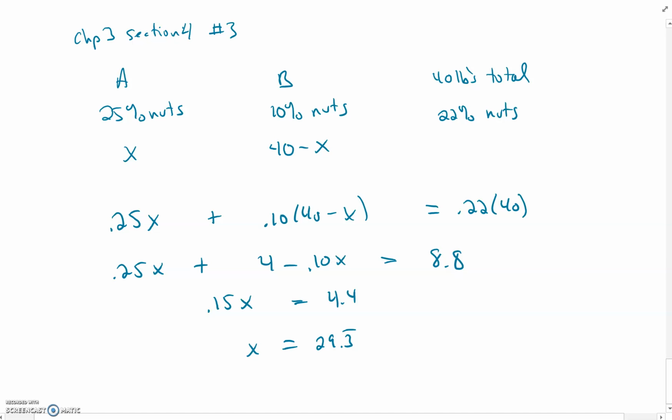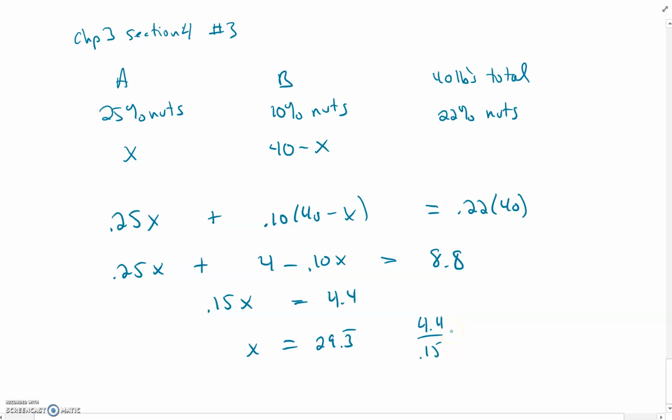That should work, unless I made a mistake somewhere here. 0.10 times 40 is 4, minus 0.10x. 0.22 times 40 is 8.8, minus 4, 4.4. Everything looks good. So 4.4 over 0.15.